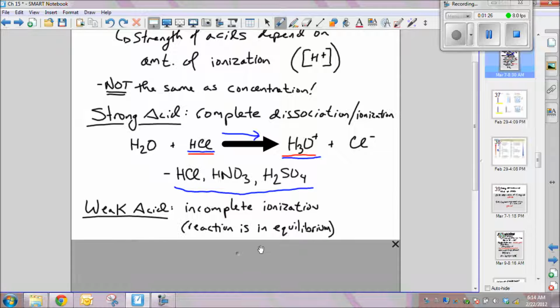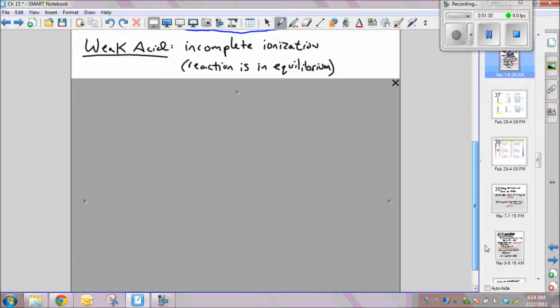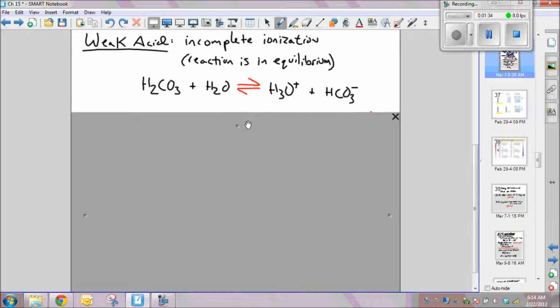Weak acids, on the other hand, the reaction is not complete. It does not completely ionize and go to the right. So you have an equilibrium system set up. Shown here is carbonic acid. This is the fizz in your soda. It is primarily due to carbonic acid. And notice that equilibrium symbol in the middle here.